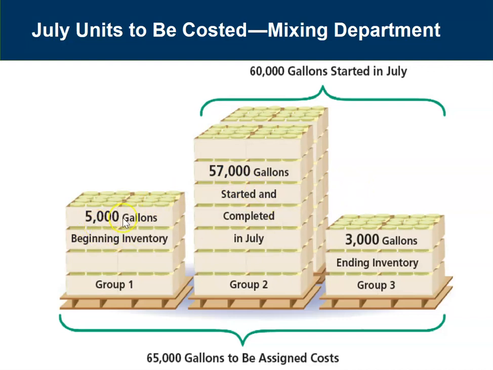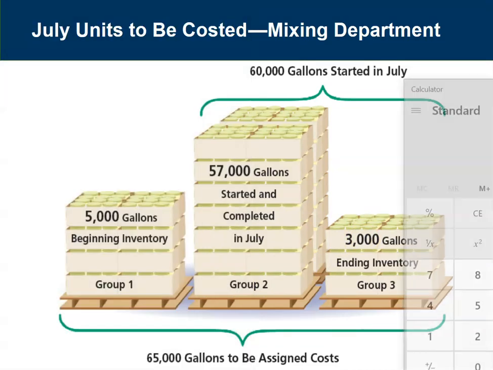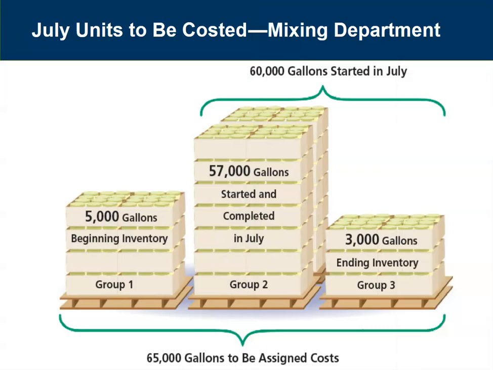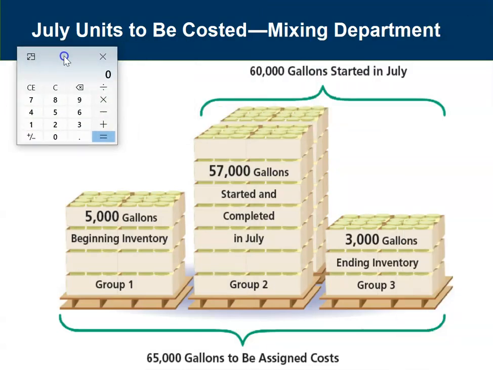We do have 5,000 plus 57,000 is 62 plus 3,000 is 65,000. And with that said, I'm going to find my calculator just in case we might need that. So if you want to do the math on that, you can, but trust me, it is 65,000.